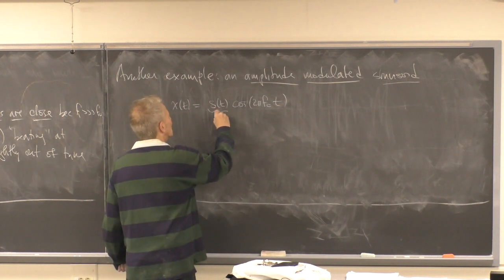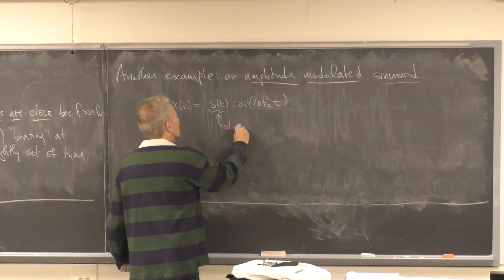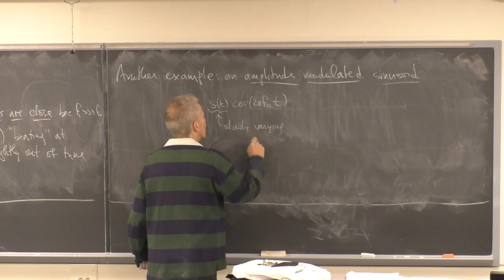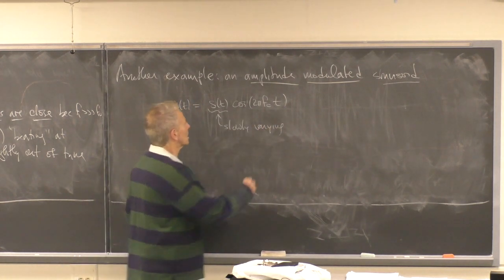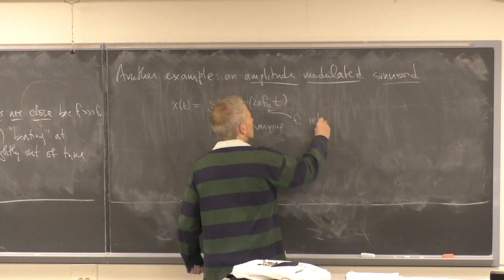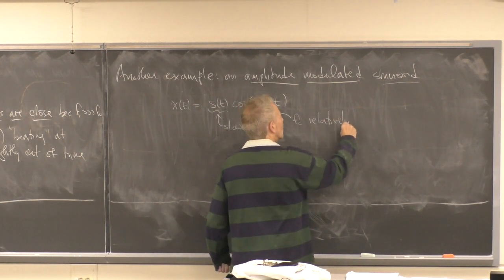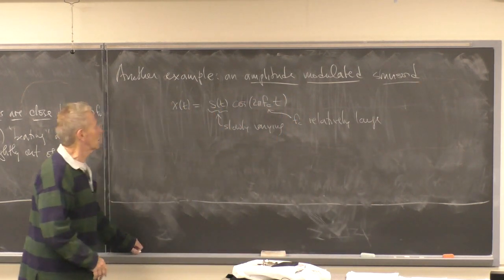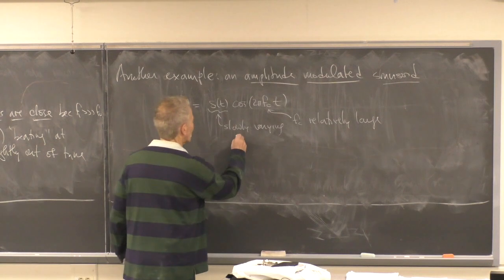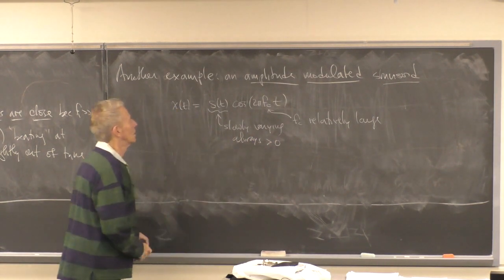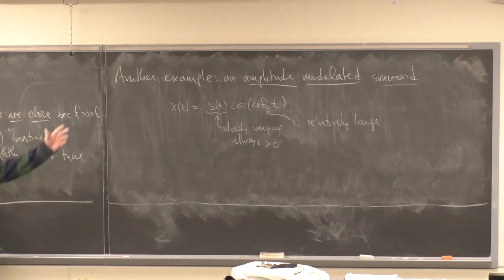And s of t is going to be slowly varying, and fc is going to be big. We're going to look at some specific examples of this, and so this is slowly varying and always positive. We're going to see how this comes up.